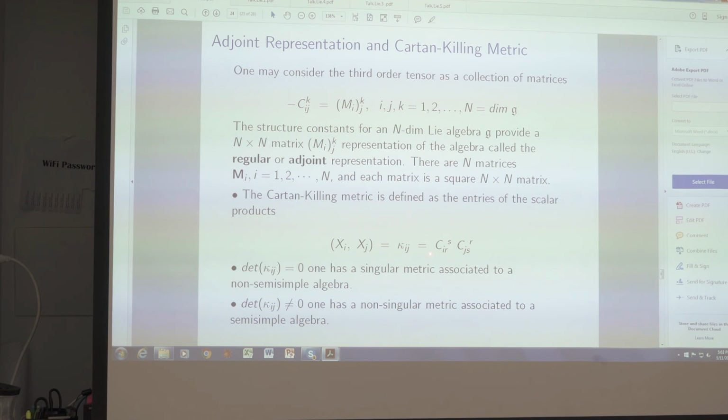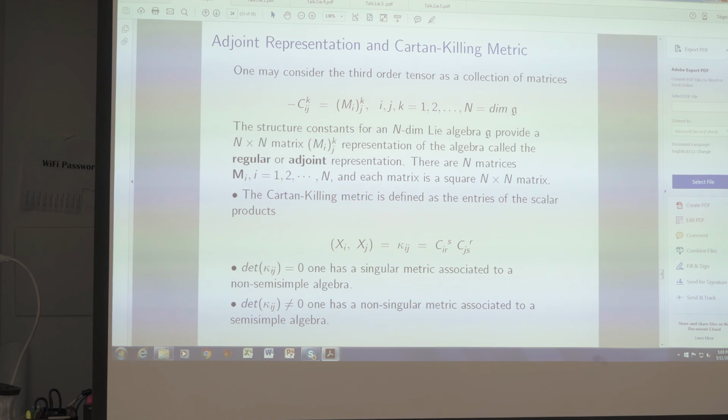You can show this: you contract this index S with this S, and this R index with this R index, and at the end of the day you end up with 2 free indices. In this way you define the Cartan-Killing metric associated with the structure constants, which tell you something about your Lie algebra.